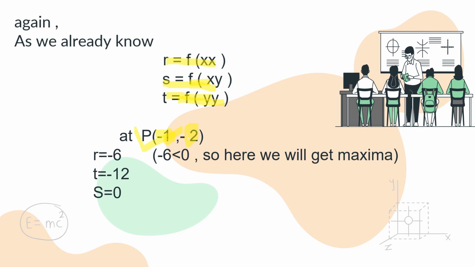When we put the value of x in f of xx, we get the value of r, that is minus 6. When we put the value of y in f of yy, we get the value of t, that is minus 12, and we have s equal to 0. Here minus 6 is the value of r which is less than 0, so here we get the maximum point.